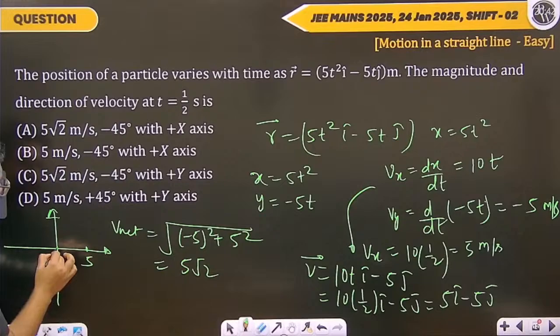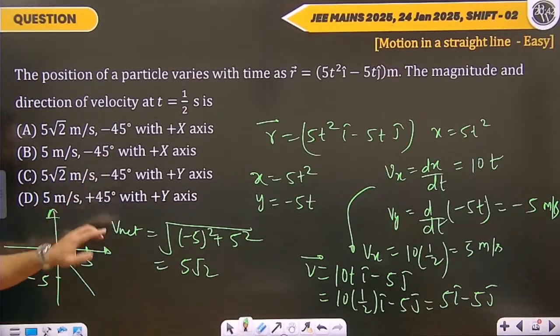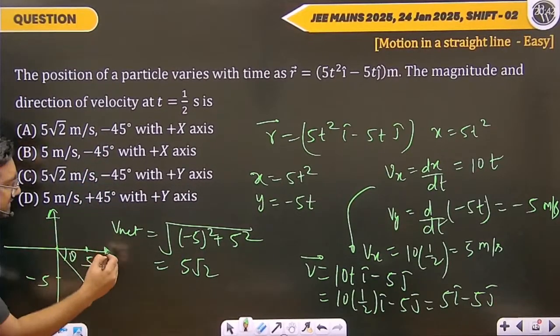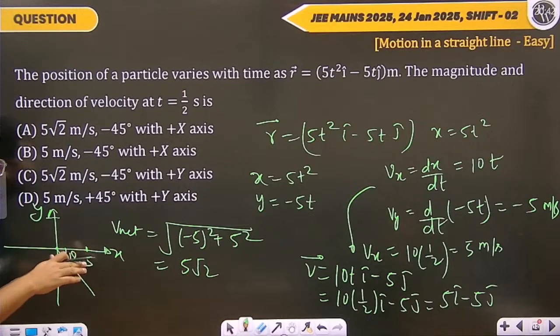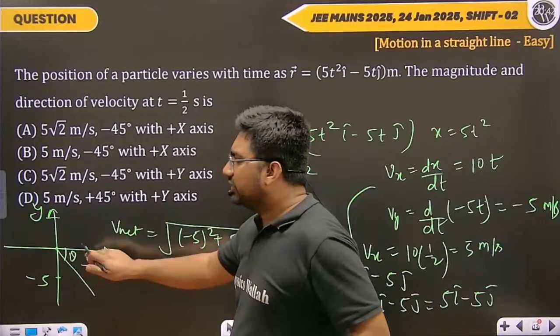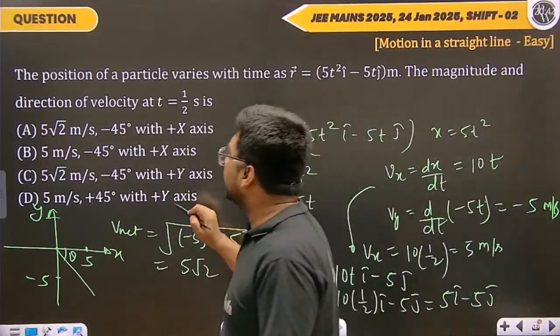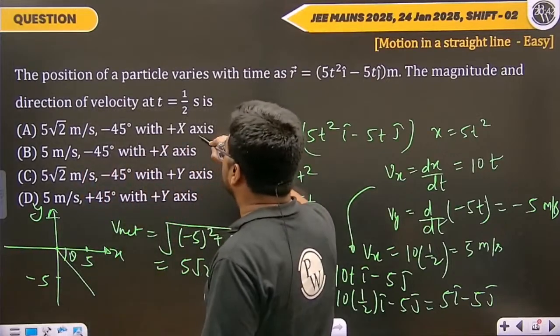So it is in the third quadrant, and theta is from the x axis. When we take it clockwise, theta is minus 45 degree. So the correct option is option number A.